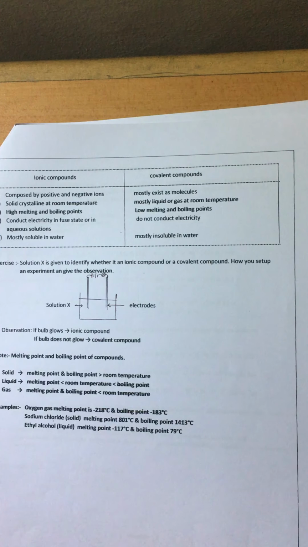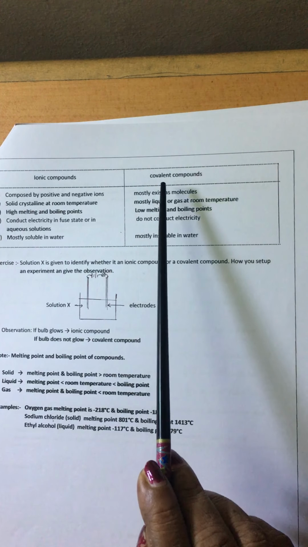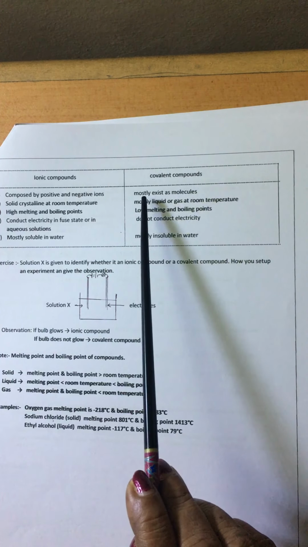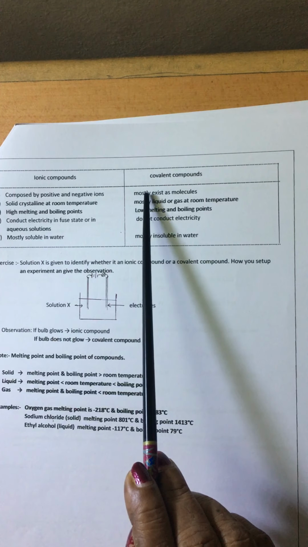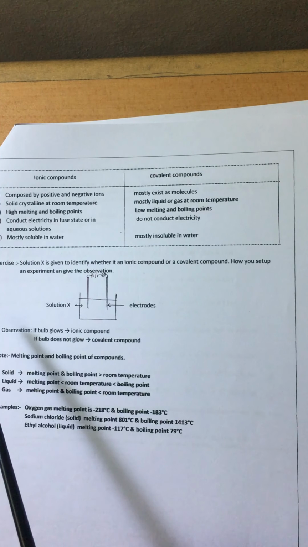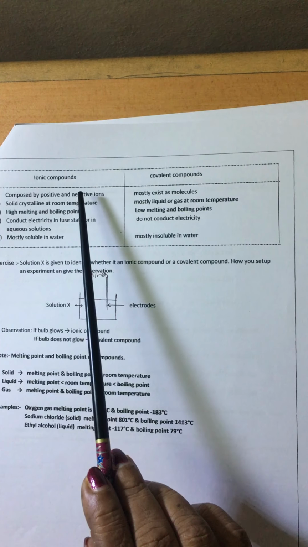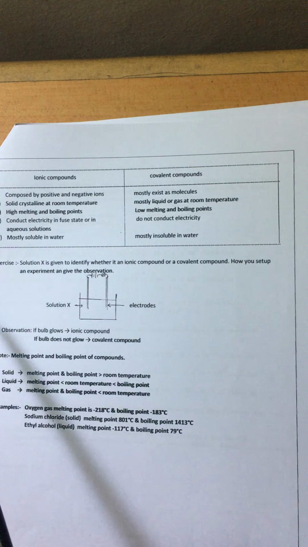The attraction between positive and negative ions forms ionic compounds. In the same way, covalent compounds involve bond formation between atoms, whereas this one is between ions.